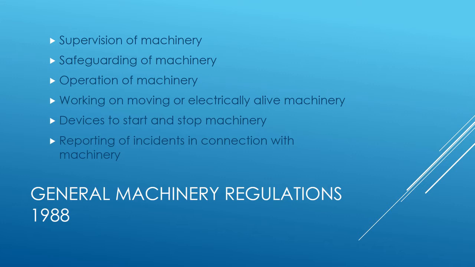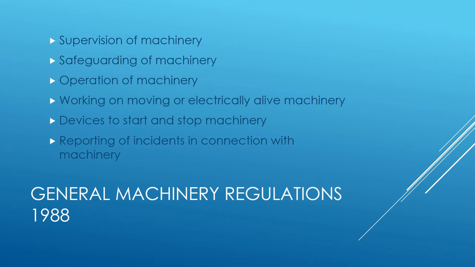Operation of machinery deals with how the machinery should be connected and used. Working on moving or electrically live machinery refers to what aspects of the machine must be secured so that personnel that are unqualified do not have access to the machinery.